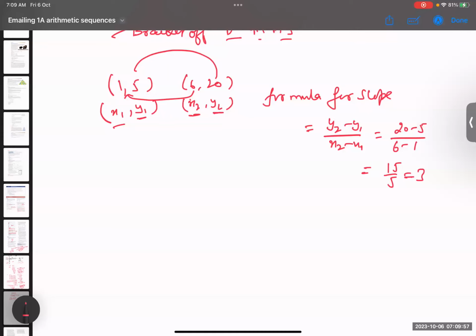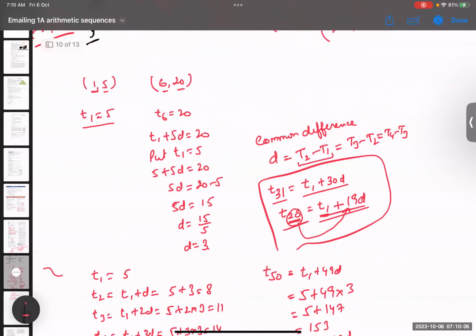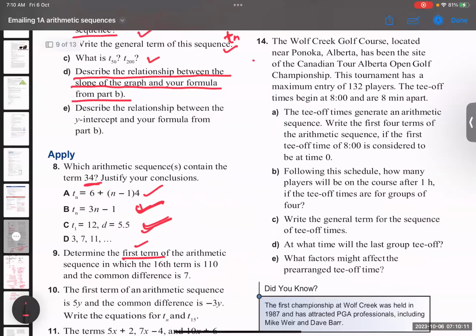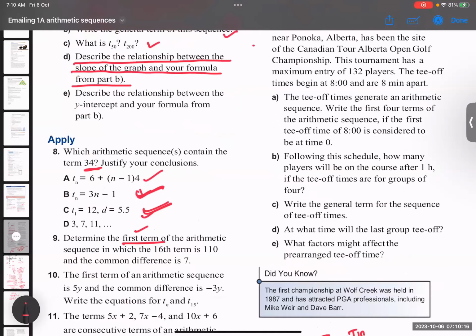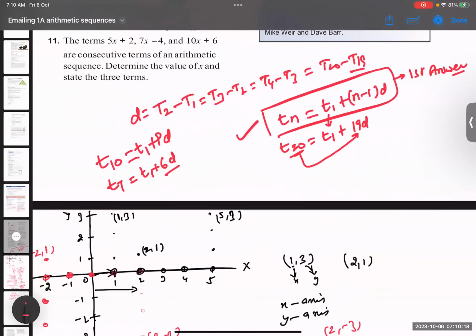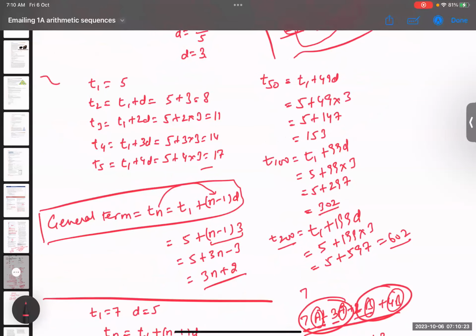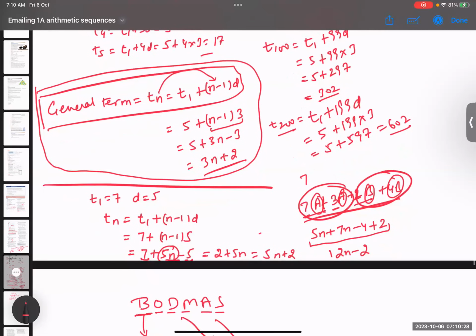He is asking what the relationship is between the slope and the formula that we got. Is it clear? Look at the general term that we have written here.